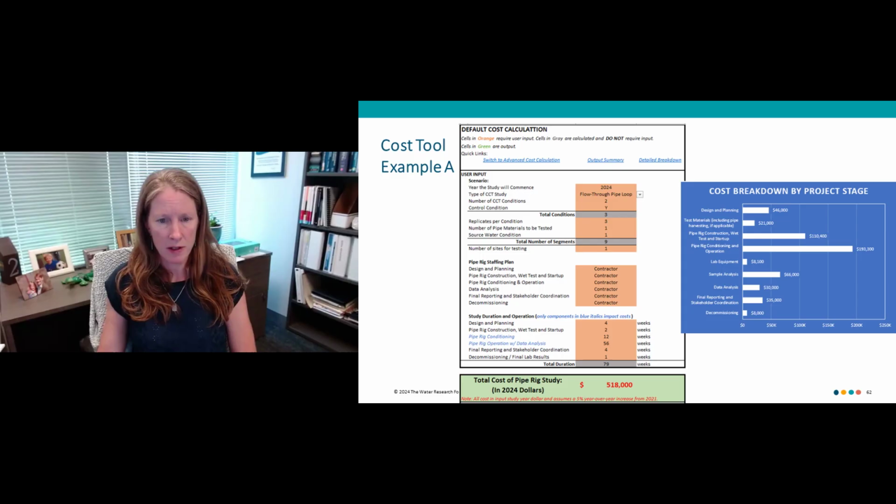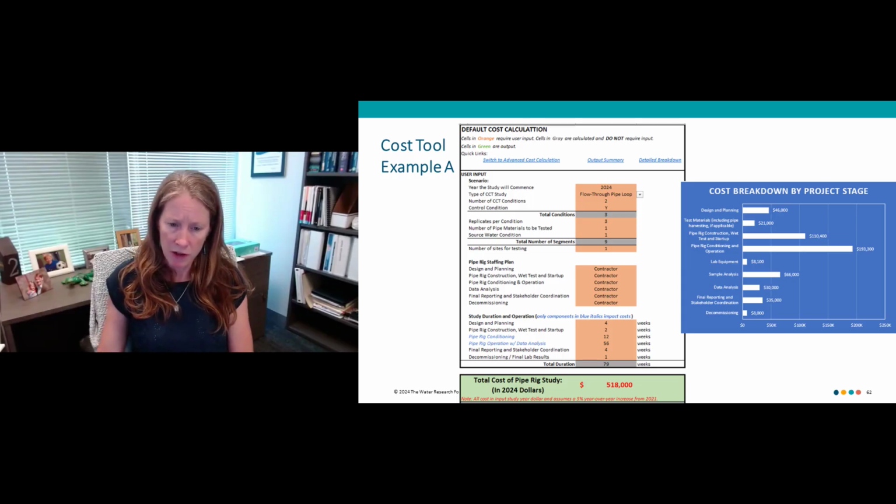In this case it is a copper pipe with lead solder that's been harvested from homes constructed pre-1986, and 1 source water condition. And for this case study, the contractor is doing all the work, the design and planning, pipe rig construction, operation, et cetera. And then we've also entered in the duration. And what you can see is then an estimated cost of a little over $500,000.